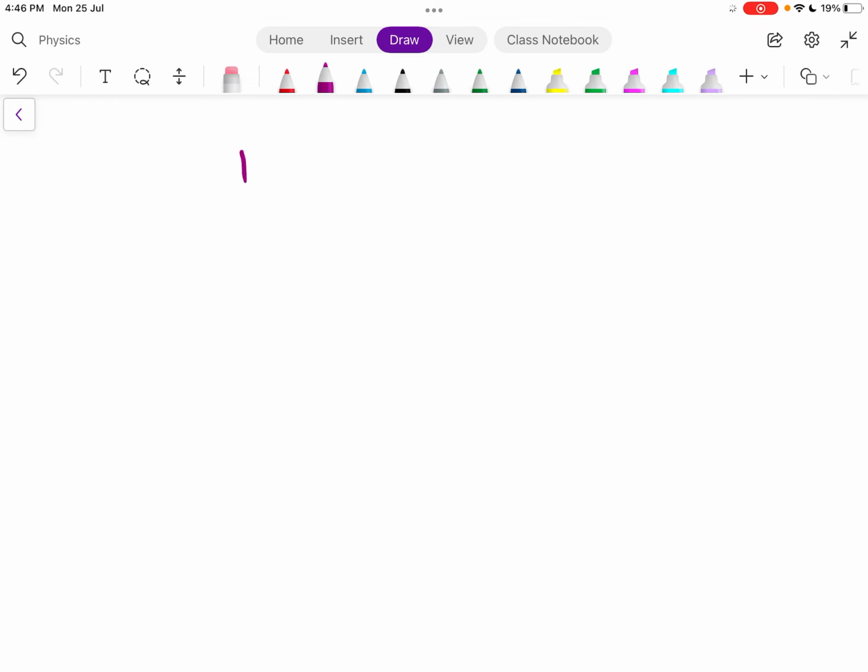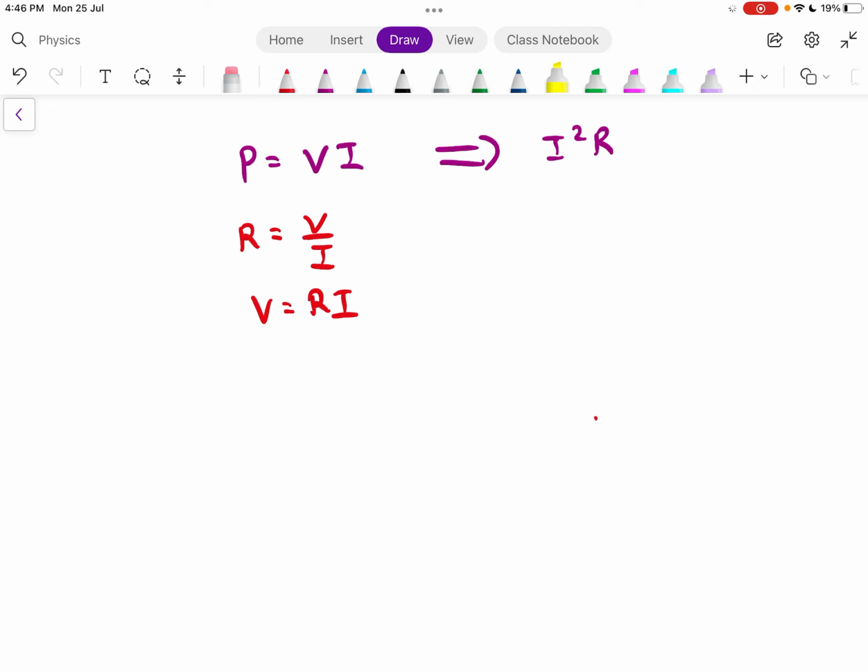If I have P equal to VI, I want to convert it in terms of I square R. First, we need to recall R equal to V over I. I make V the subject, which is V equal to IR. You just sub that into V, so you will see that my P is equal to IR times I, which is equal to I square R.